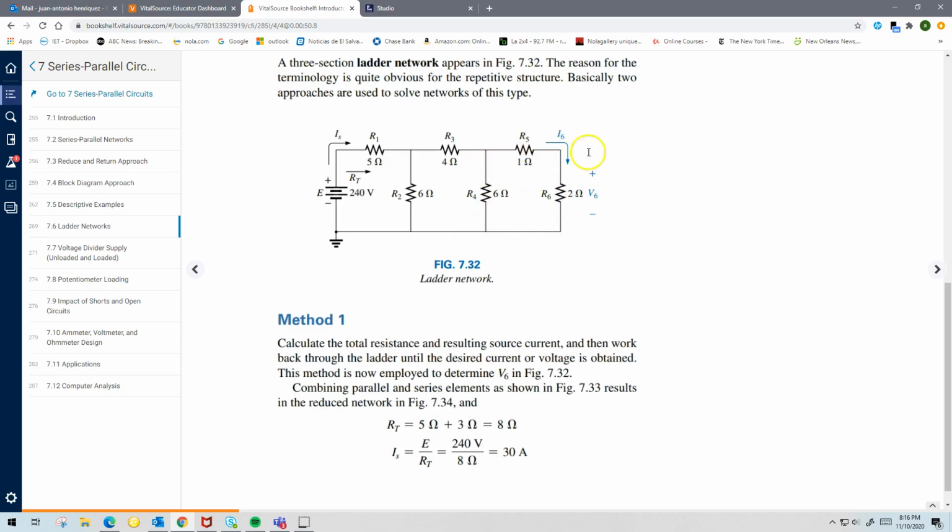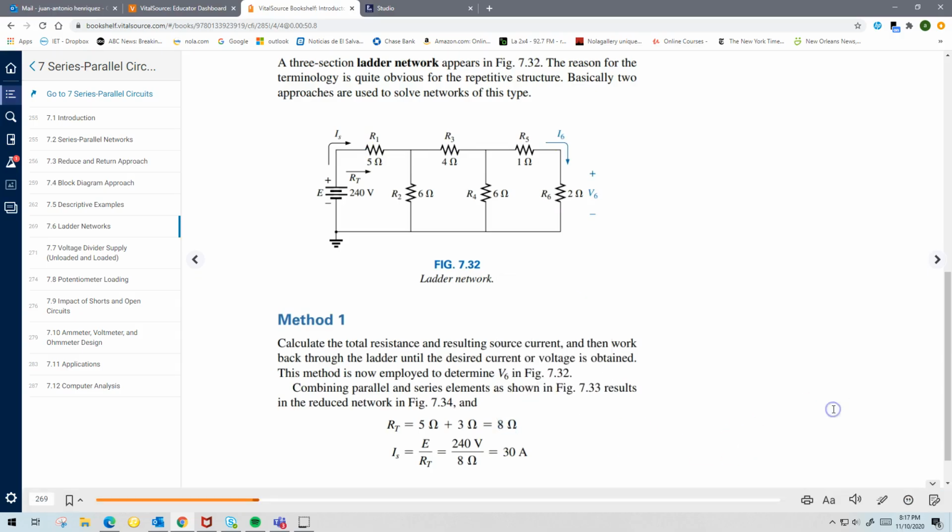That 2 ohm resistance will be in series with a 4 ohm, so now you've got a 6. So from here to here, everything is 6. That 6 will be in parallel with this 6. See? If you have a 6 and a 6 in parallel, it becomes a 3. Remember that? And so now all of these resistors really become a 3 ohm resistor, which is in series with a 5 ohm resistance, and so the total resistance is 8 ohms.